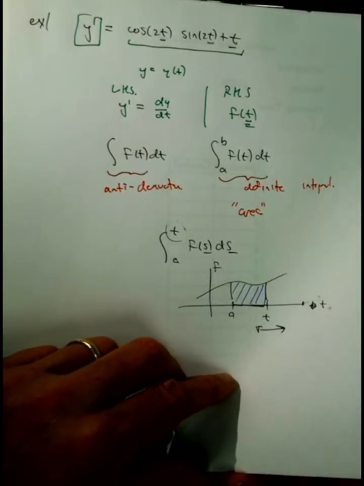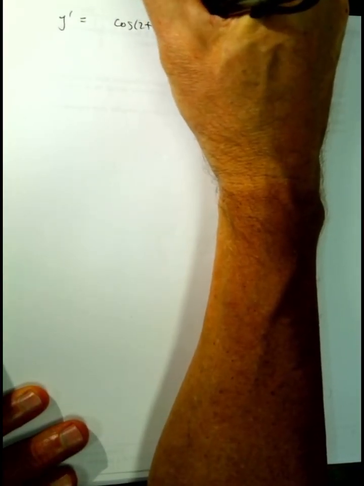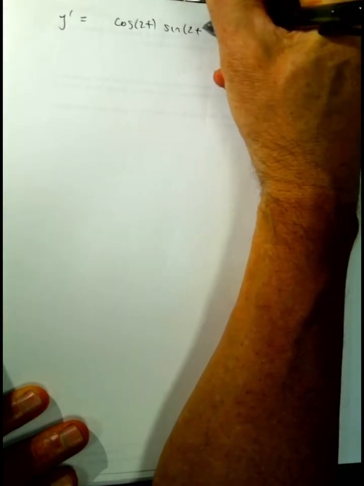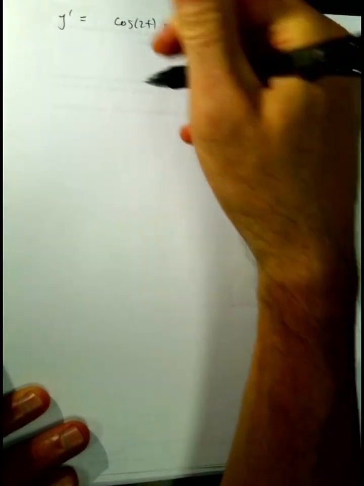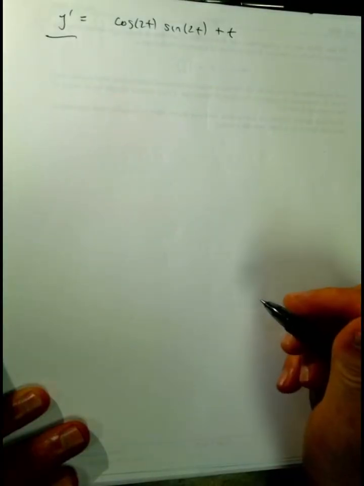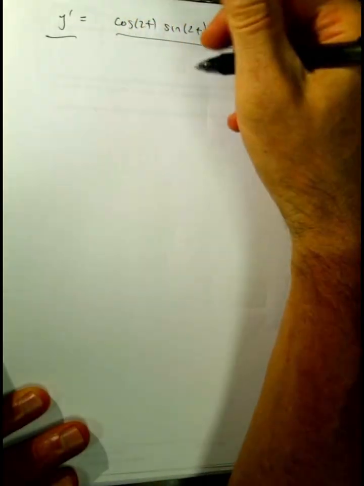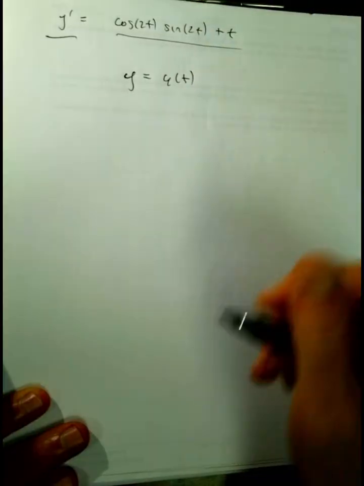So let's go back and take another look at our differential equation. So what did I say? I said y prime is cosine of 2t times sine of 2t plus t. On the left it's y prime by itself, and on the right a function that only involves time. So that means it's a function of t.